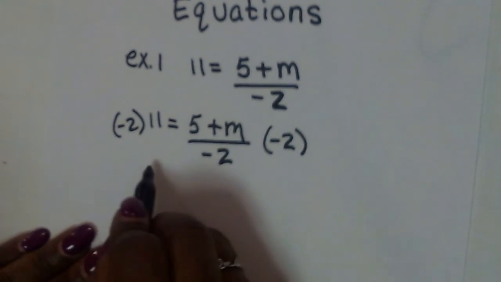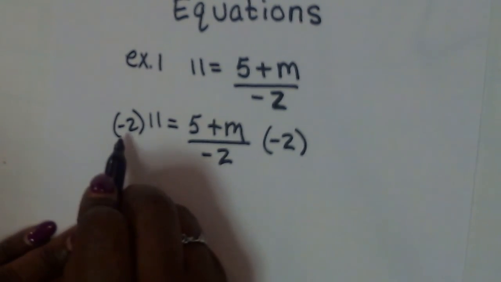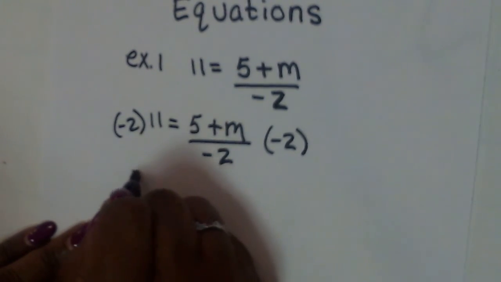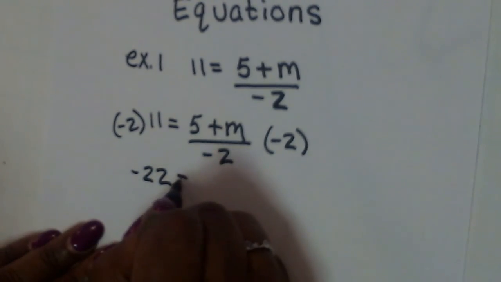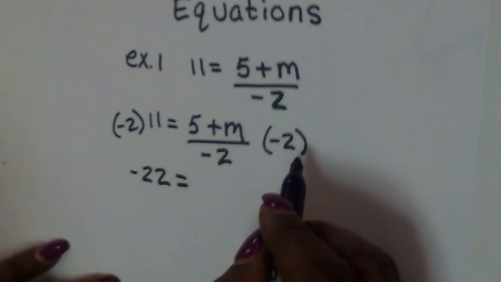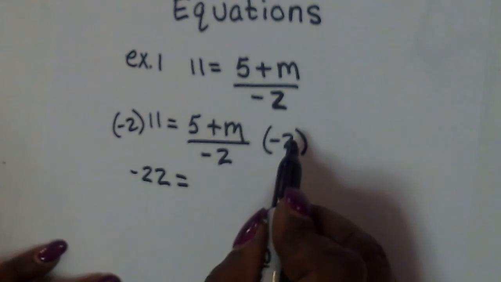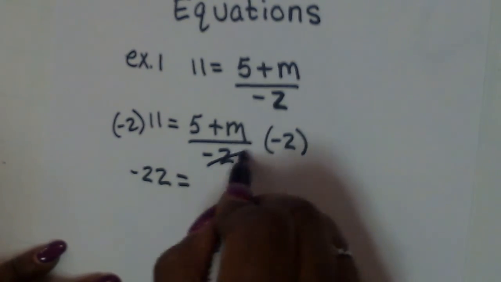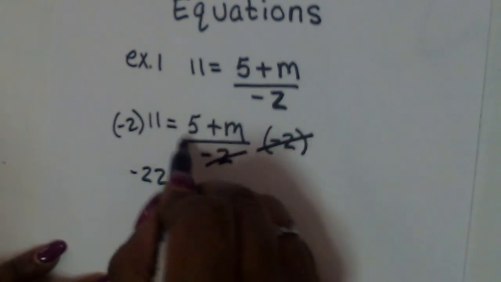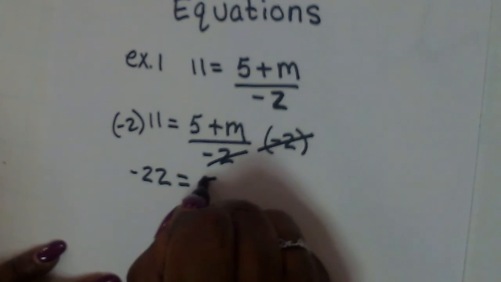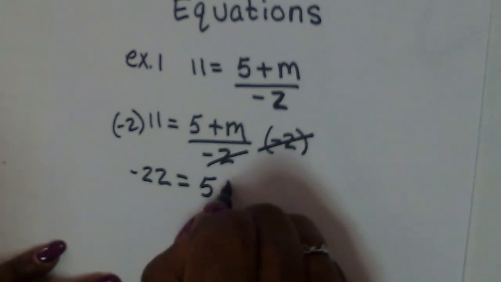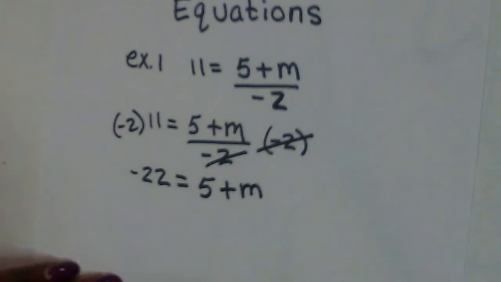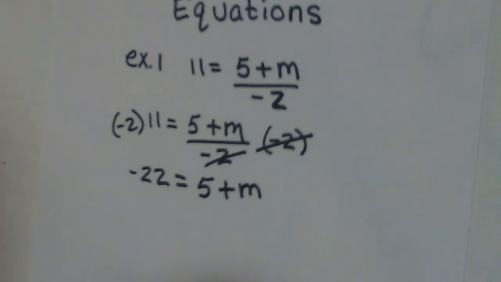So, on this side, I have negative 2 times 11, which will give me negative 22. On this side, since I am multiplying by the denominator, they will cancel out, and what I have left is the numerator. So I can write 5 plus m. Voila! I've gotten rid of the fraction.